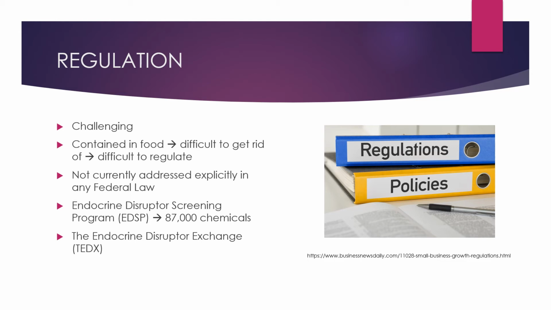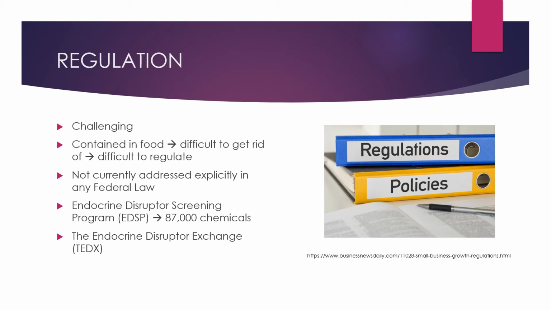And so there isn't any current law that explicitly addresses endocrine disruptors. There is a program called the Endocrine Disruptor Screening Program, or the EDSP, which has gone through 87,000 chemicals so far. They're still working, and they are collecting a lot of information, but no legal action has been taken as of yet.